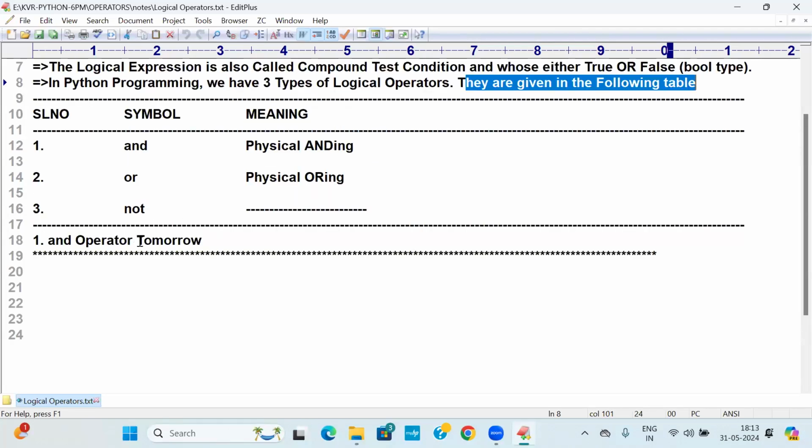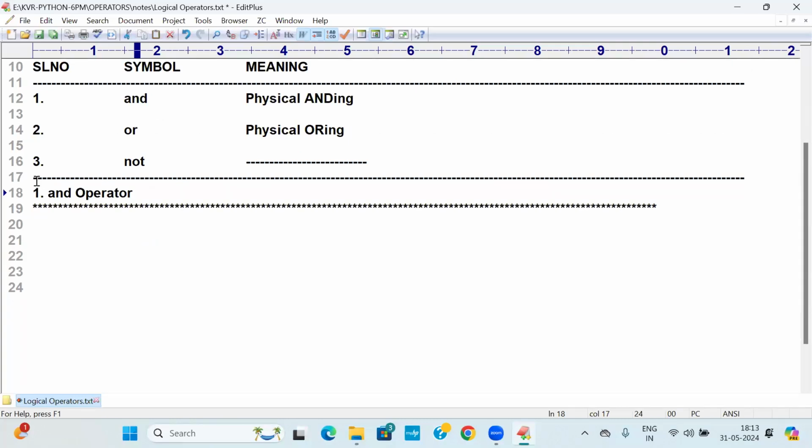So we are discussing the first operator, the AND operator. How does the AND operator work? That is our topic. To understand the functionality of the AND operator, we need to understand one small table, which in computer science we call a truth table.